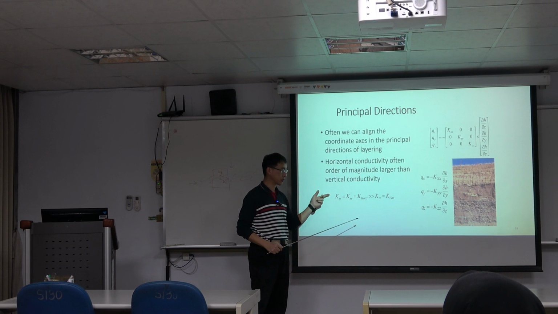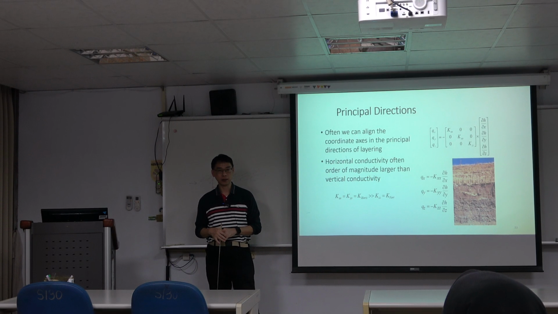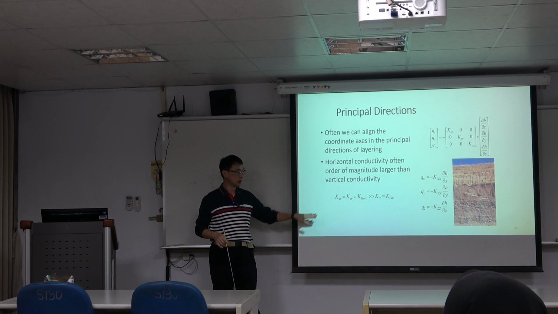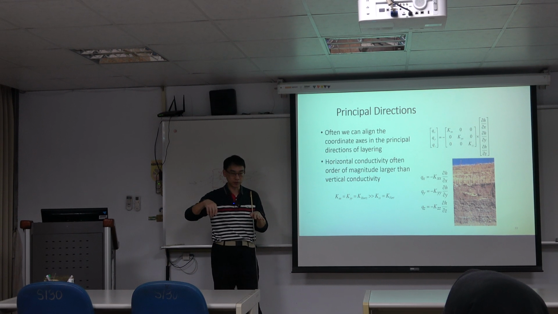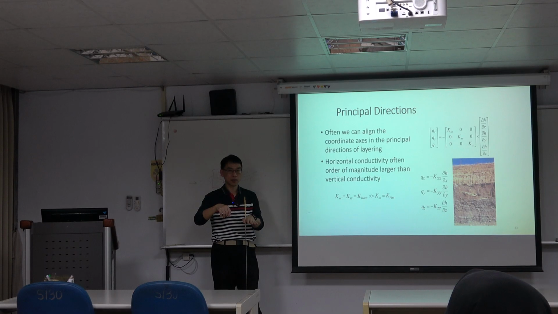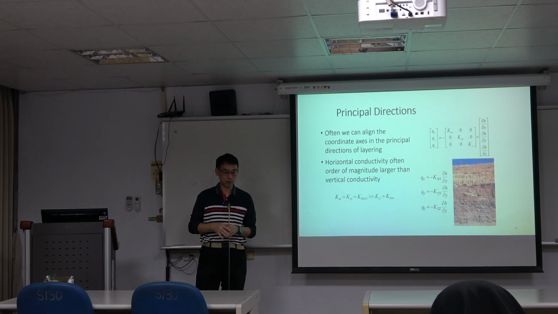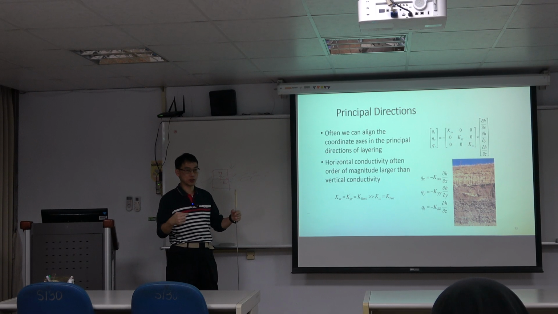Although we are able to calculate Kx, Ky, and Kz, they are not easy to obtain from the in situ test, okay? You might be able to do this kind of work if you have more observations for the pumping test. You might be able to calculate the directions. But honestly speaking, it is not easy because in the real situation, it is heterogeneous.